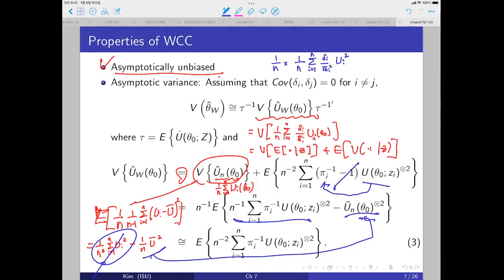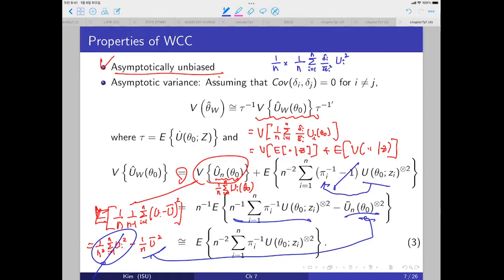So if you think of 1 to n as the population, this is actually over the population. But anyway, my point is that the final variance formula is relatively simple. Okay.